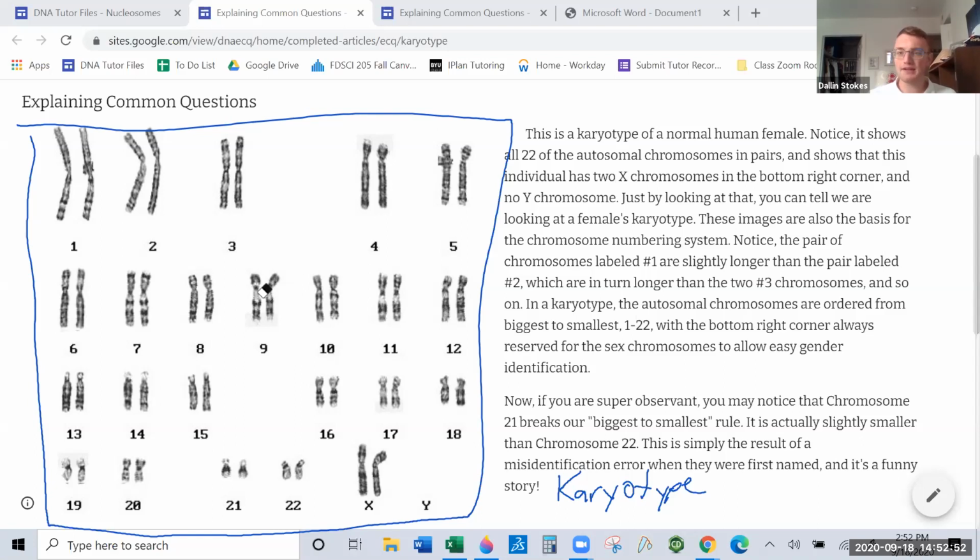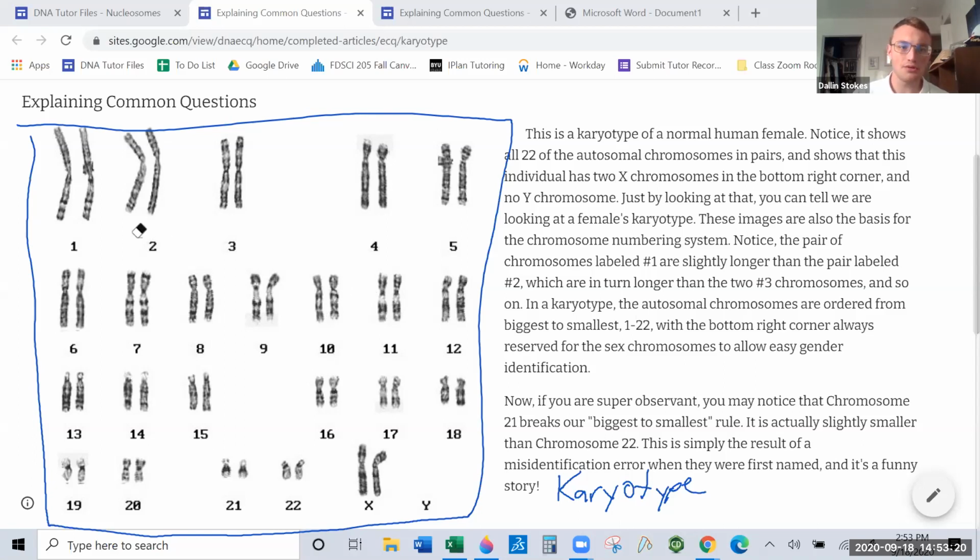We call them bands, B-A-N-D-S, bands. And if you look, the two chromosome 1s have the same bands. There's a black line right there, a black line right there, white lines in between that. They have the same bands, same with the chromosome 2s and the chromosome 3s. Some of them are less obvious.